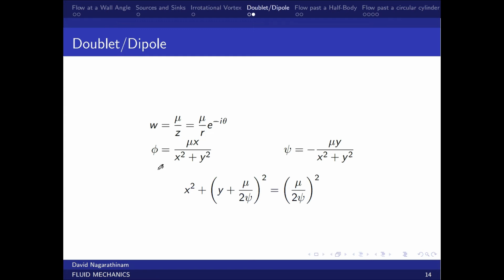Now upon differentiating w, where w is essentially phi plus i psi, we have phi, that is the potential function represented by this form, and the stream function is represented by this particular form. We may choose to expand psi, and we'll get this particular form for the streamlines.